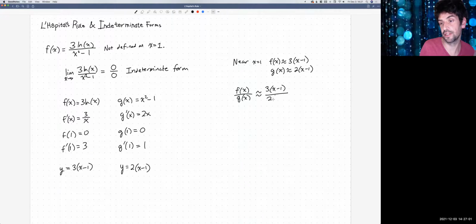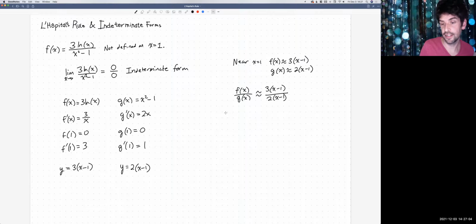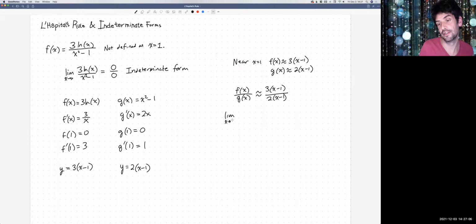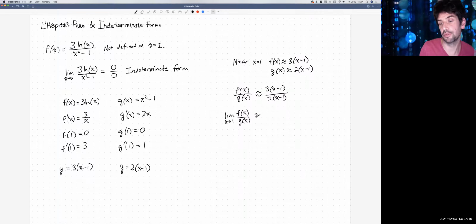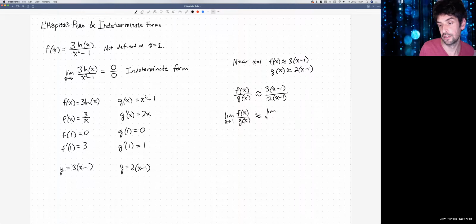We're just approximating things. And if that's the case, then the limits, at the very least, should be approximately equal to each other.